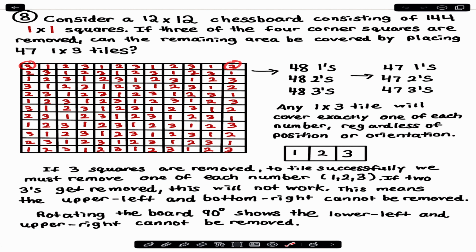So as I said before, if we remove these 2, if we remove this as the 3rd square, then we have removed the upper left and the bottom right, which is not allowed. Again, if we instead chose to remove this one, now we have removed the lower left and the upper right, which is also not allowed.